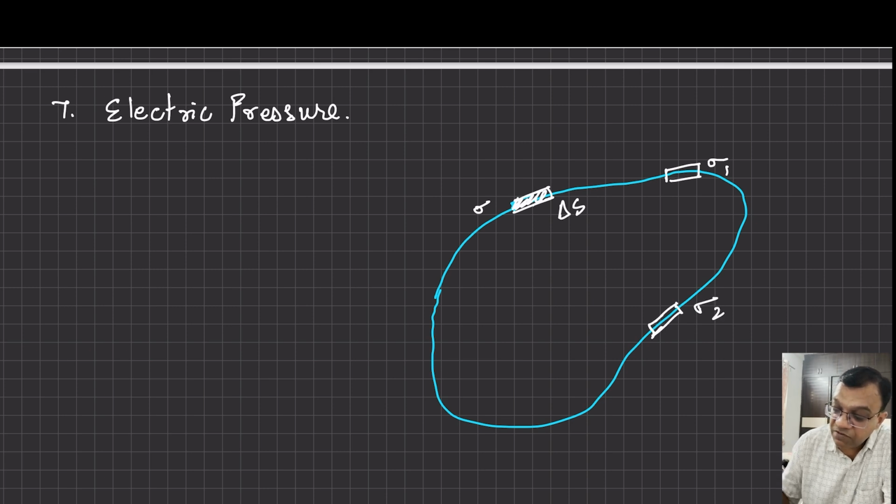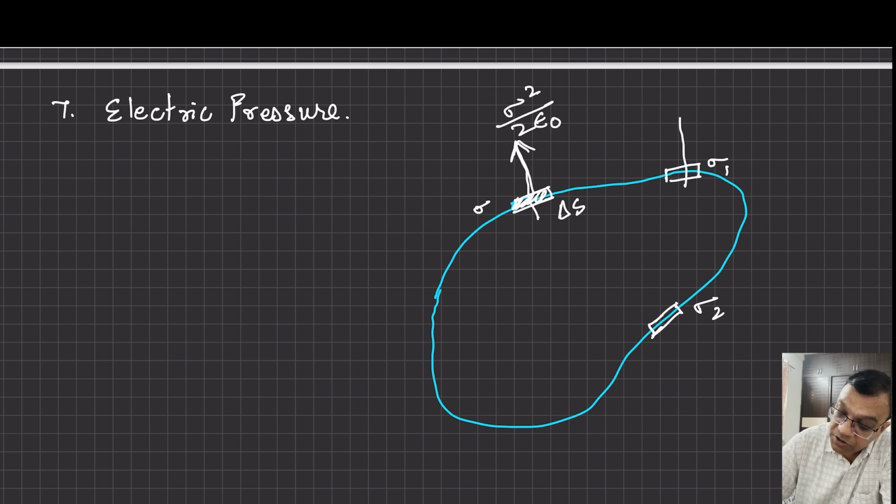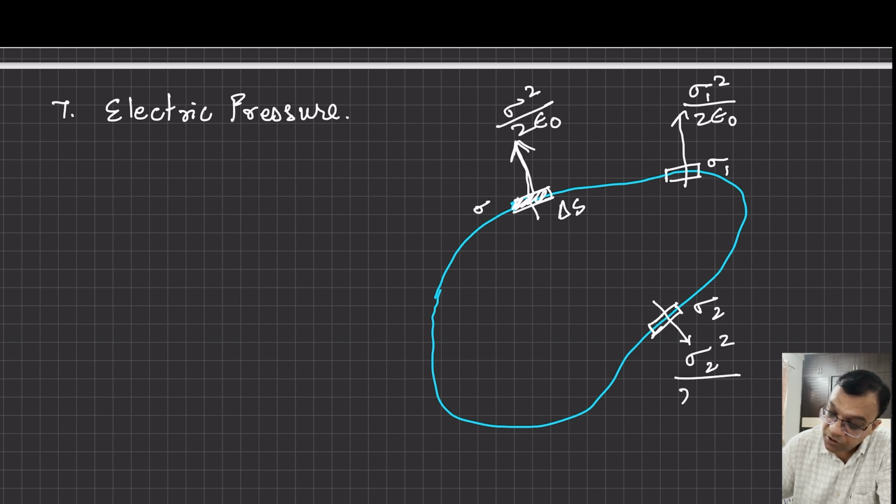Then each and every part repels each other, which gives rise to the electric pressure. This electric pressure is sigma square upon 2 epsilon naught. Here it will be sigma 1 square upon 2 epsilon naught. Here it will be sigma 2 square upon 2 epsilon naught. This is the electric pressure.